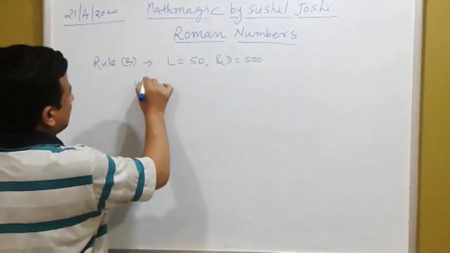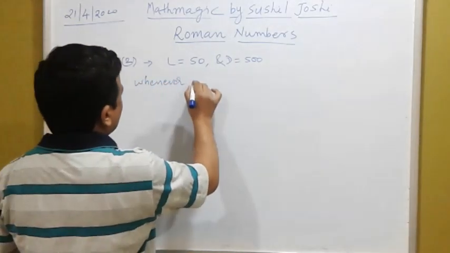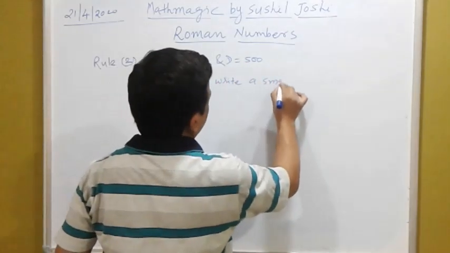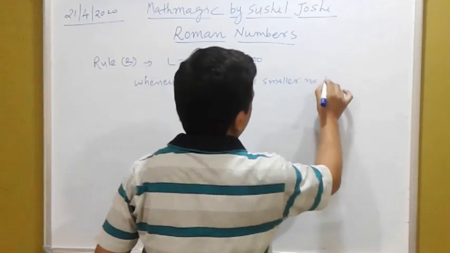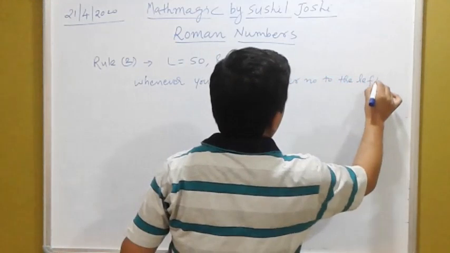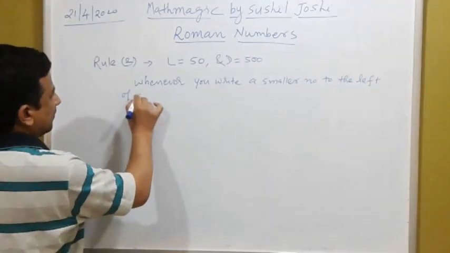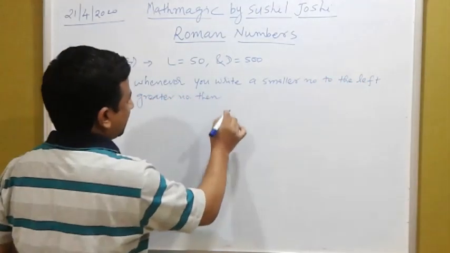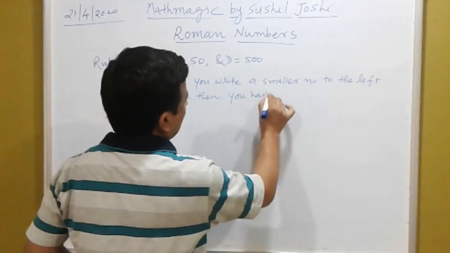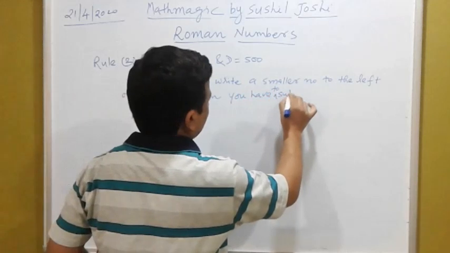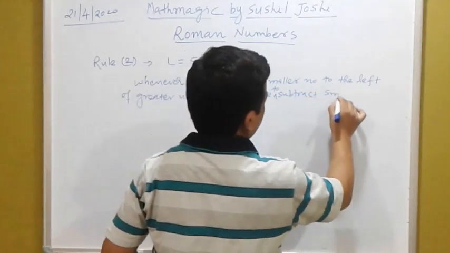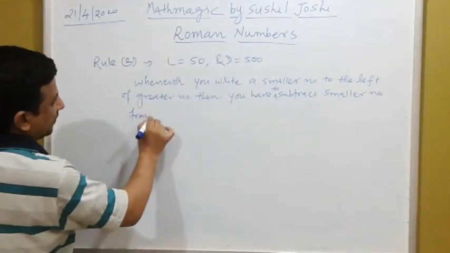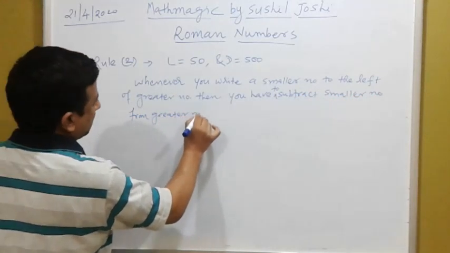Whenever you write a smaller number to the left of a greater number, then you have to subtract the smaller number from the greater number.